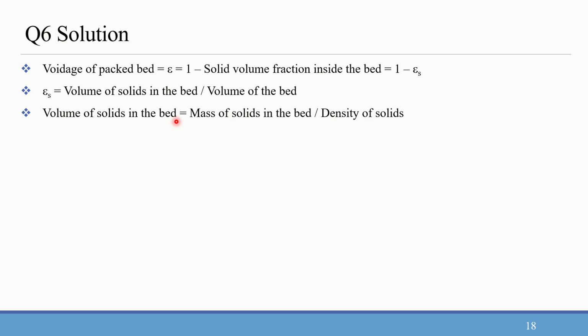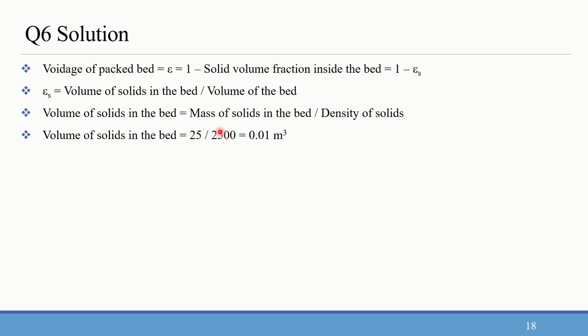So volume of solids inside the bed is mass of solids inside the bed by density of solids inside the bed. So volume of solids inside the bed is therefore mass of solids 25 divided by 2500. So 25 by 2500 is 1 by 100, and that is 0.01 meter cube. So it is kg divided by kg per meter cube. So that gives us meter cube.